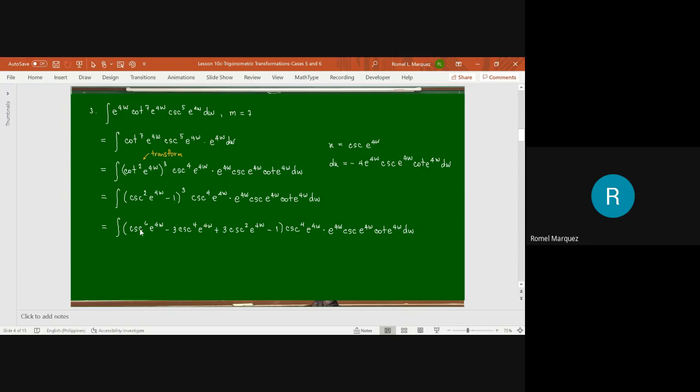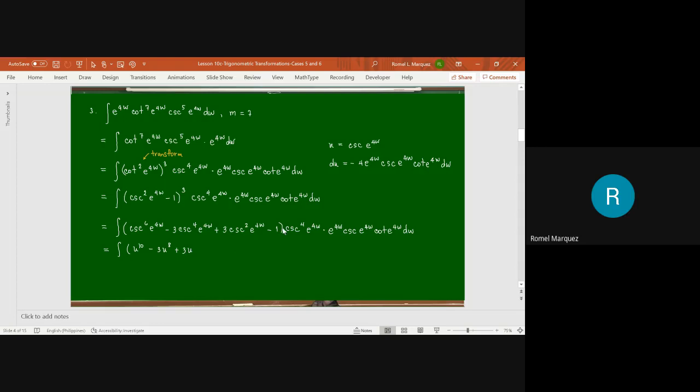So cosecant is u. You distribute. This is u to the 10th, because cosecant is u, minus 3 u to the 4 plus 4, 8, plus 3 times. This is u squared, this is u to the 6.